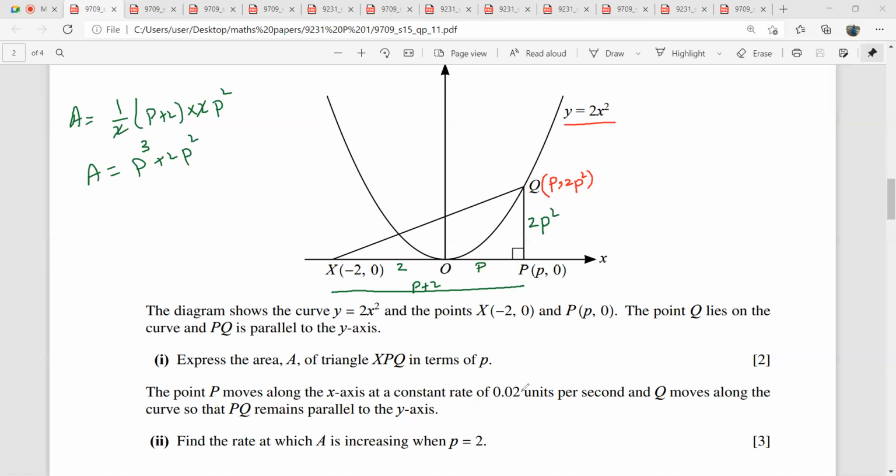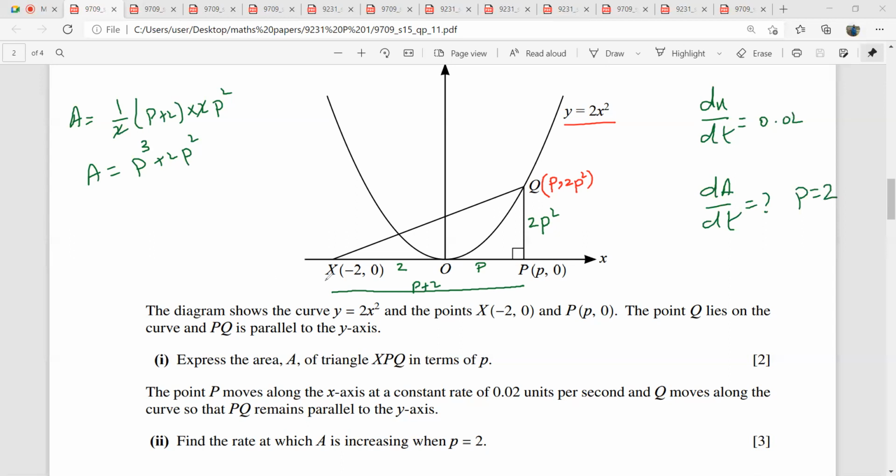Now it says the point P moves along the x-axis at a constant rate of 0.02 units per second. So the point P is moving. That means we are given dx by dt, that is 0.02. Now find the rate at which A is increasing. So we have to find dA by dt, at the time when P is equal to 2.